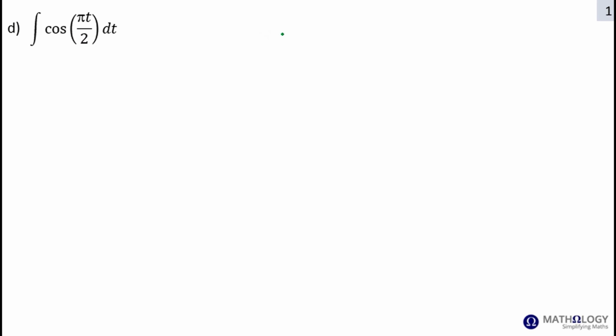Okay, here we're going to use the substitution u equals pi t over 2. So du: anything that is not t, or any form of t, is a constant, right?